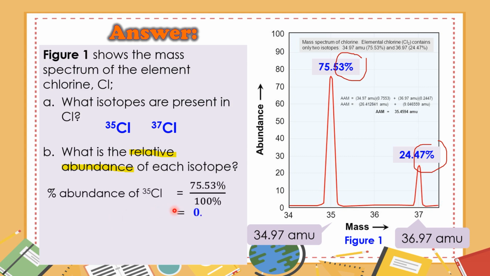It's very simple. We just divide the percentage abundance of chlorine 35 by 100, and you can get the ratio for each of the isotopes. The ratio here, we call it relative abundance.